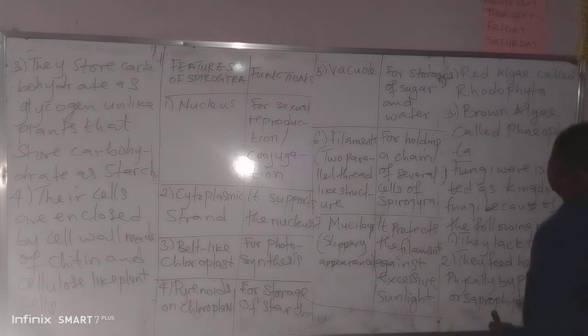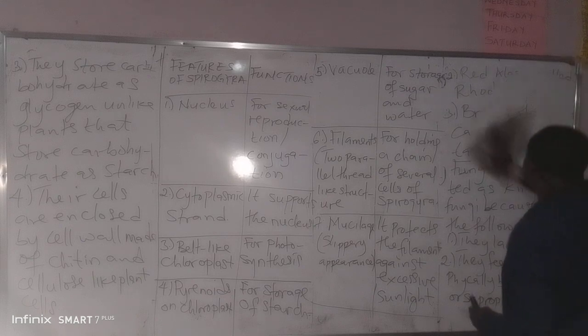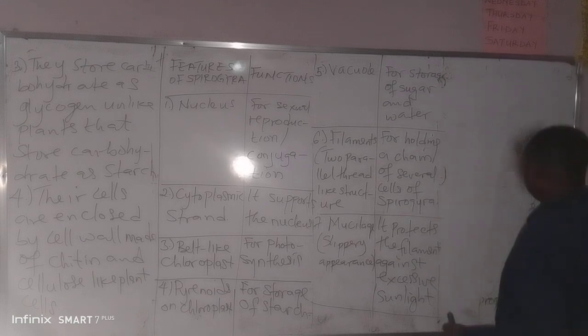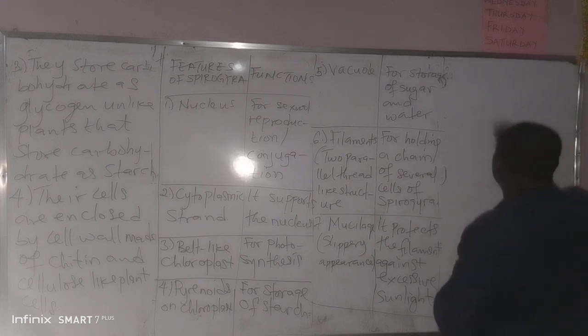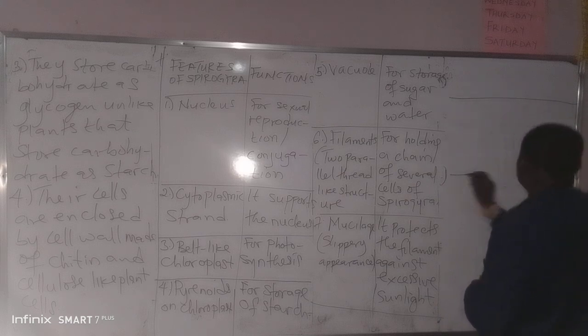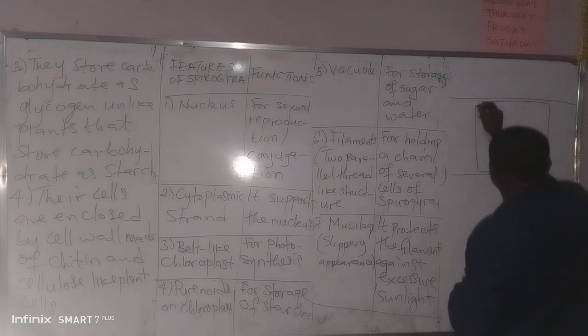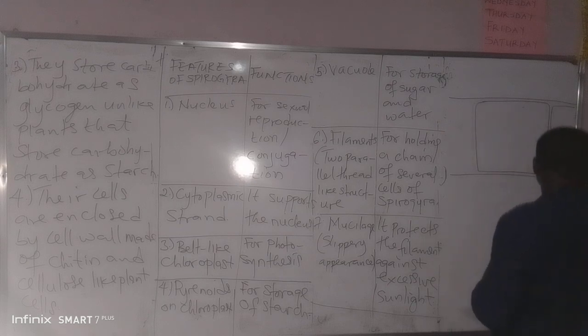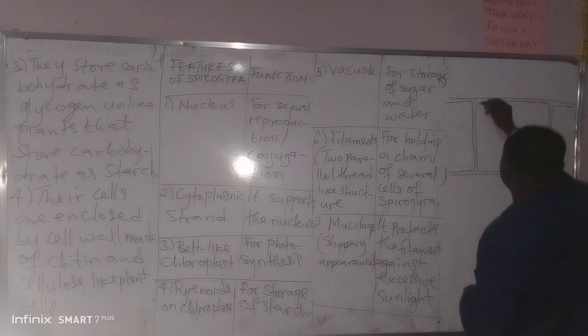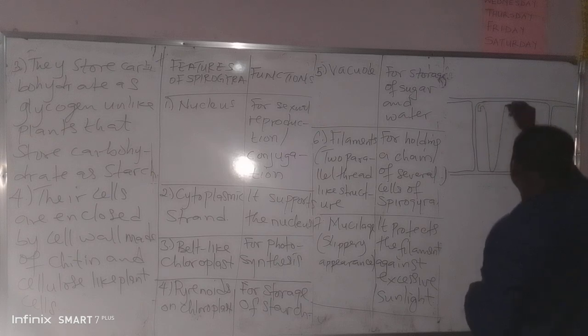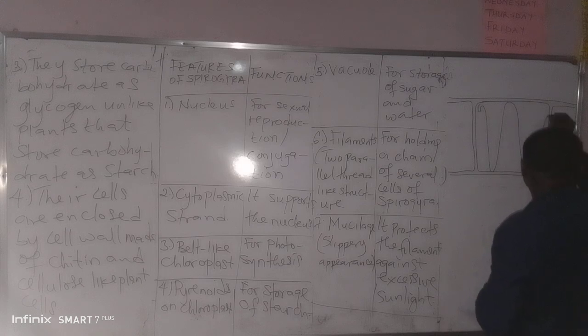If we put it under a microscope, what are we going to see? Under the microscope, you are going to see 2 filaments. This one filament, this another filament. This is a cell. This another cell. So the cells continue like that. This is the chloroplast. What I'm drawing now is chloroplast.